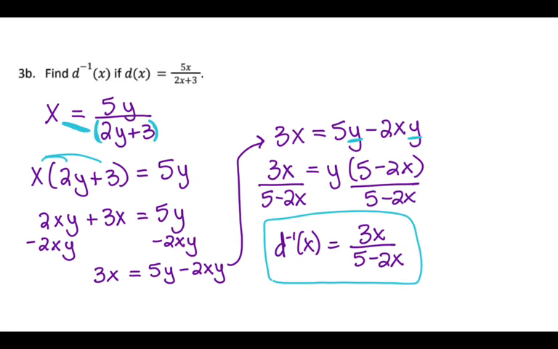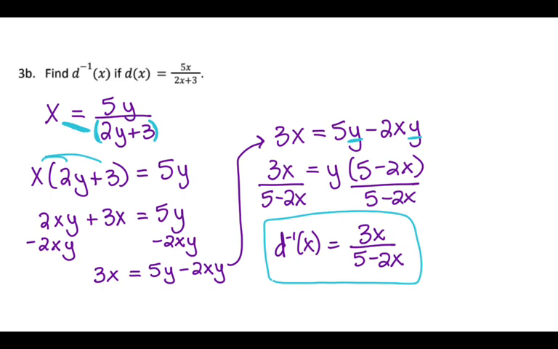Now, you could get a different answer for this, and that all depends on what you choose to do at this step right here that I'm currently circling. If you choose to move this 5y instead, it still would work out. You would end up having to move this 3x as well. You'll just have a different answer with different signs.